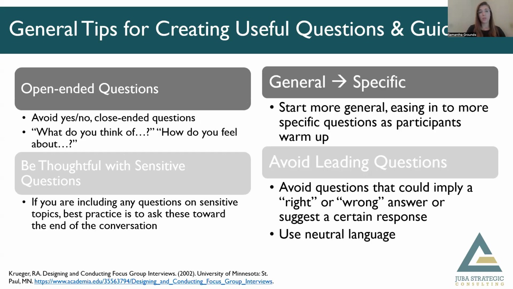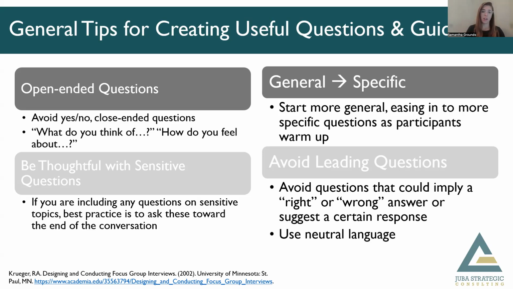Okay. And a few more general tips. One that's really important is the idea of open-ended questions. So this is really at the crux of developing qualitative research questions, the idea of avoiding close-ended yes, no, one-word questions and trying to keep them open and broad to facilitate discussion.